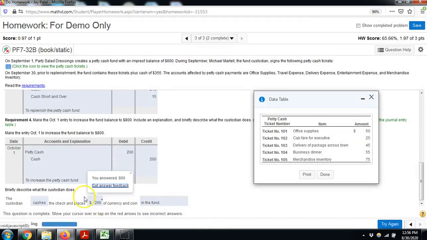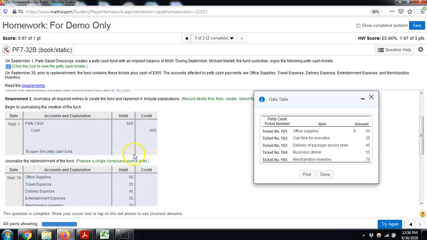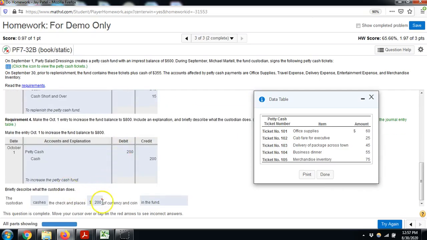Places two. Oh, okay, so I guess this was just related to this petty cash increase. So they would have just taken the cash check here and cashed it. But initially they would have done the same thing with this $600. Sorry, it's a little ambiguous, but yes, this question was just related to this particular increase of the balance.